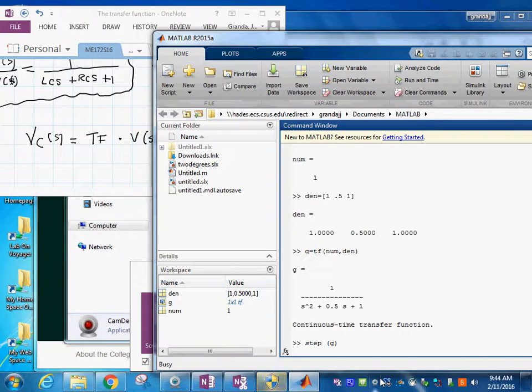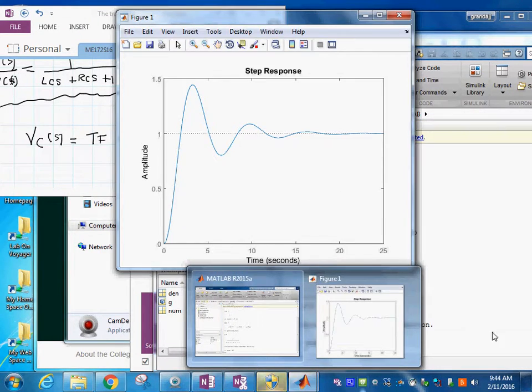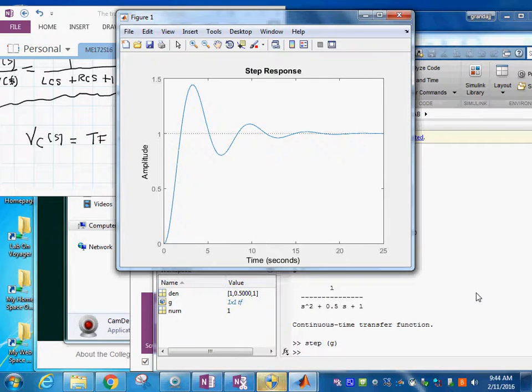Okay, I think it would be helpful to remember how you enter this into MATLAB and how you could do other things here, because the computer knows what the transfer function is. In fact, if you type G, it's going to give you the transfer function.